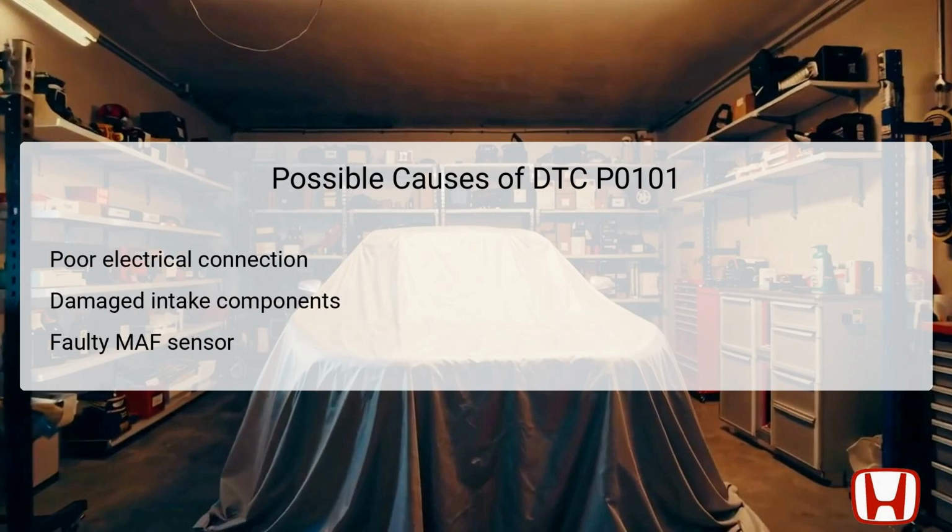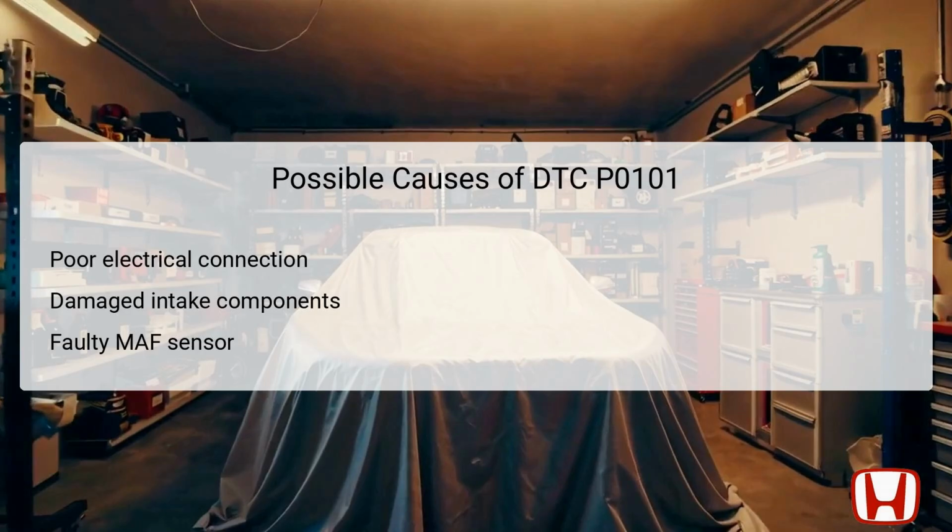There are several possible causes behind the DTC P0101 error code. One common issue is poor electrical connections, which can occur due to corrosion, wear, or improper installation. These issues can lead to intermittent signals or voltage drops that affect sensor performance.